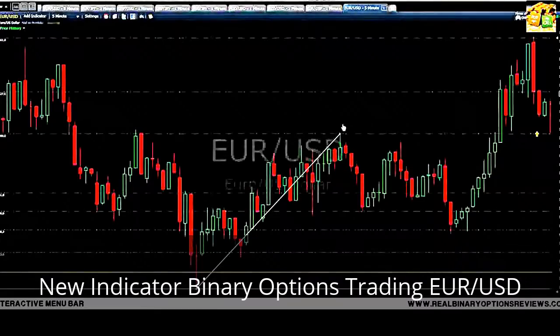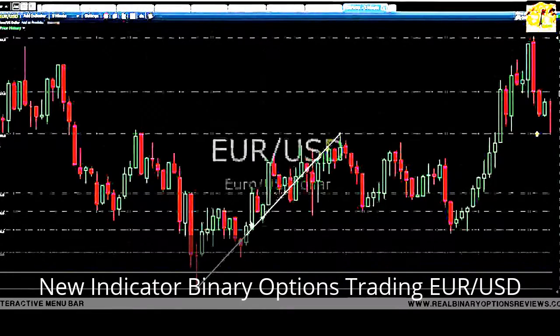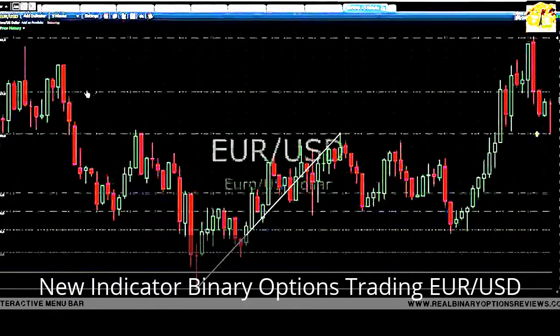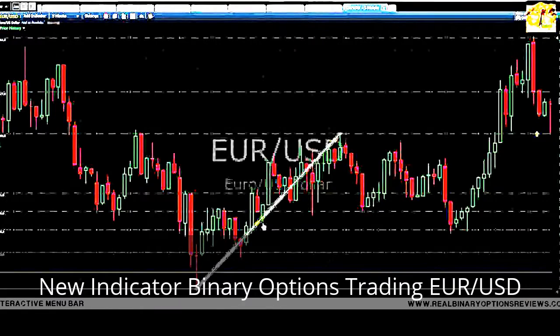Okay, so now you can see these levels. So basically I drew a line on the trend, and you can see this is level 100, and here you can see the level 127, and here you can see the level 161.8. So let us see what is happening.